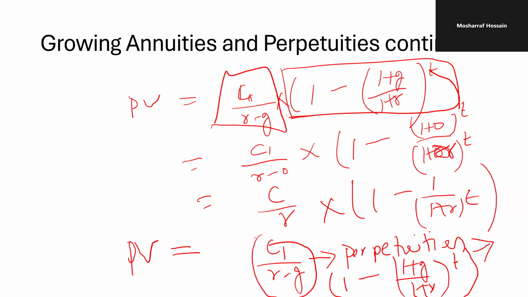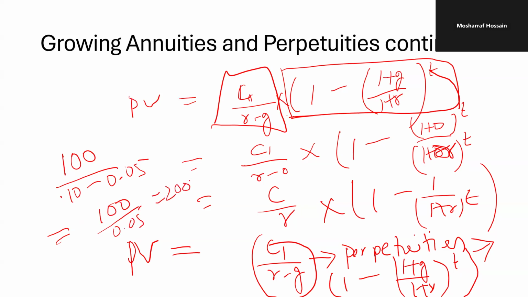So when it is a growing perpetuity, we will just follow this part. In our same problem, with a first cash flow of $100, 10% interest rate and 5% growth, we will see 100 divided by 0.05, which is 2000.